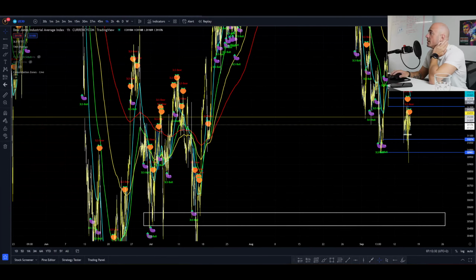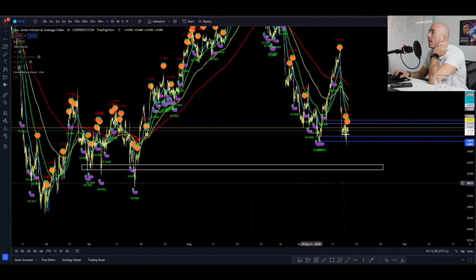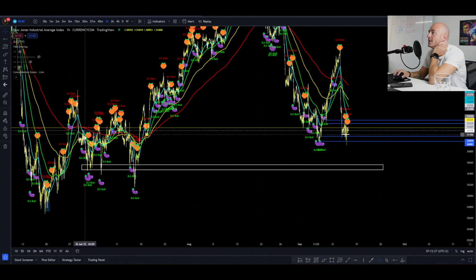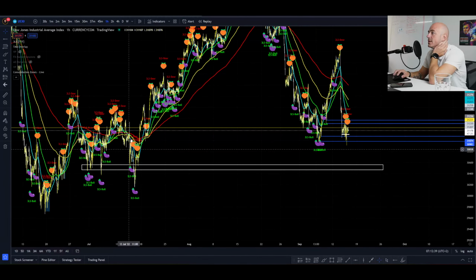Taking it out to a higher time frame, I see a lot of price here in the middle, right? There was a lot of whiplashing back and forth here, which is currently pretty much where the price is at.